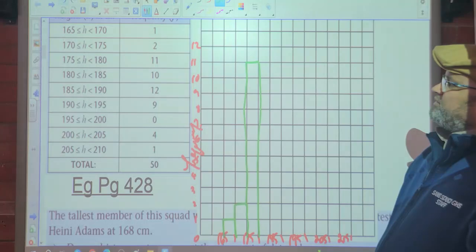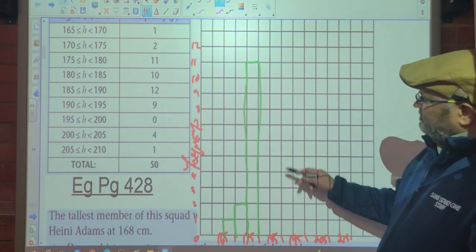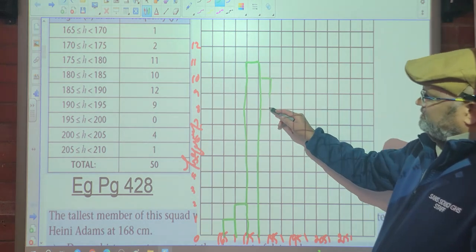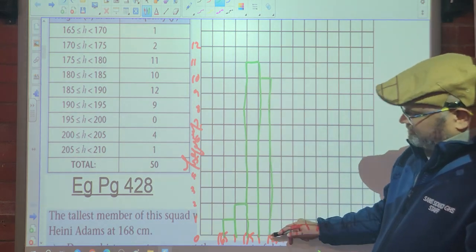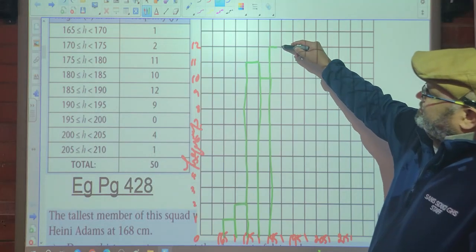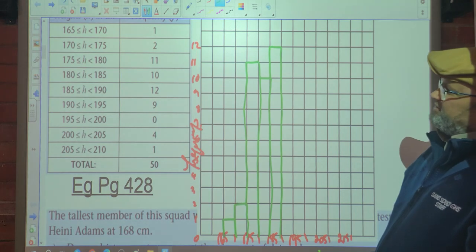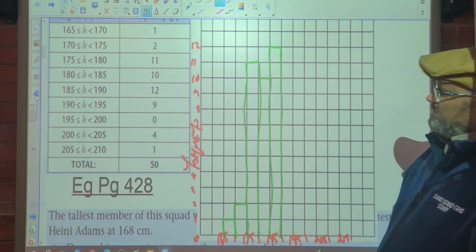Then I got 180 to 185, 10. Then I got 12, and then 9.